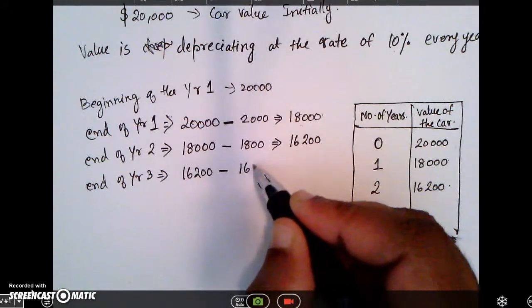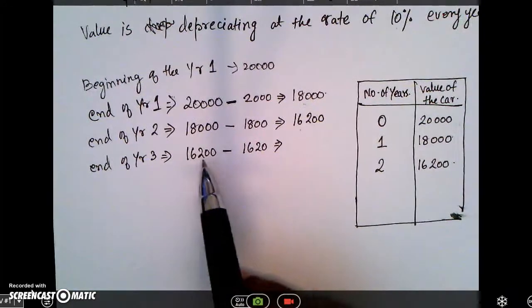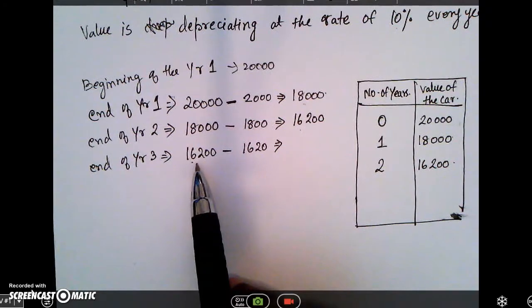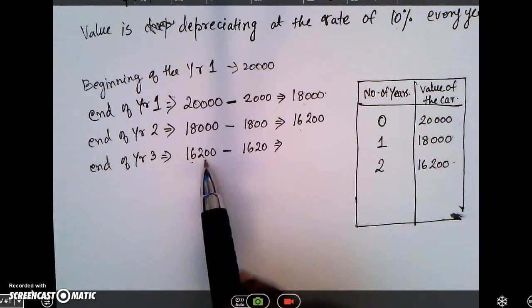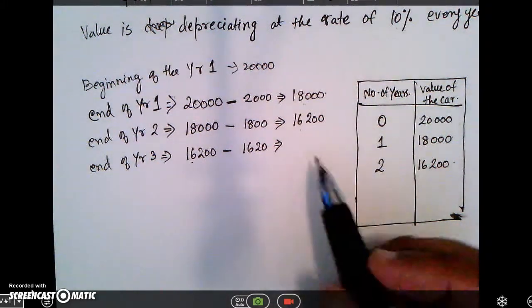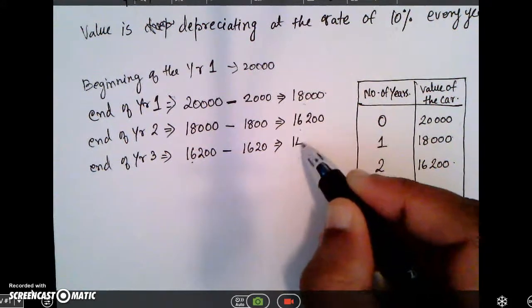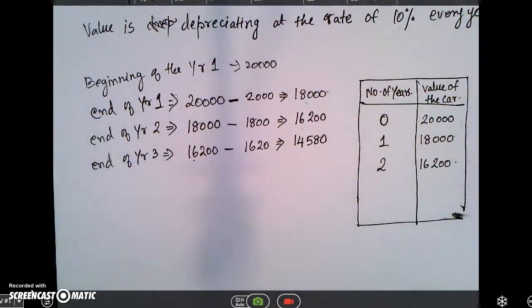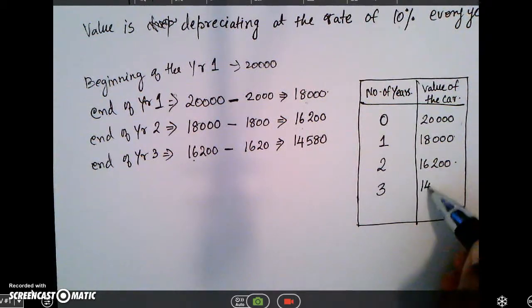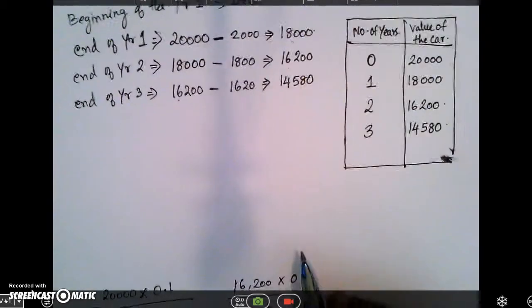So I am taking away 1,620 out of that value. So 16,000 minus 1,000 is 15,000. Hopefully I'm right. Okay, so let's check it with the calculator. 16,200 minus 1,620 is 14,580. So third year, 14,580. All right.